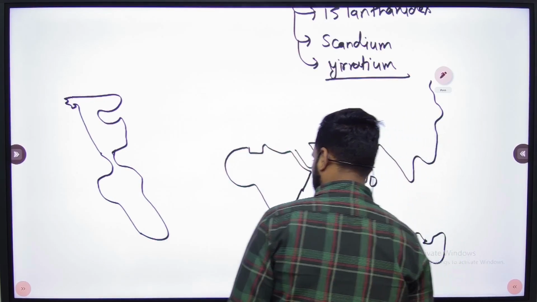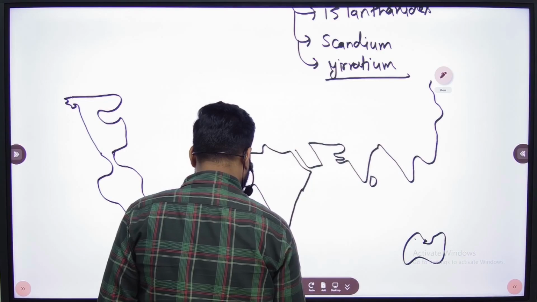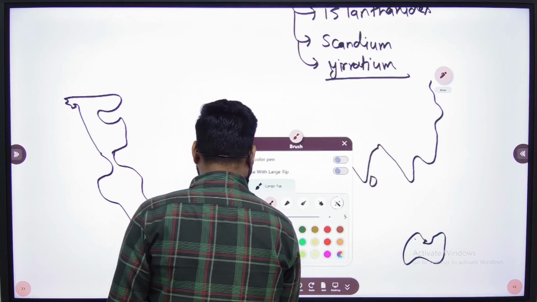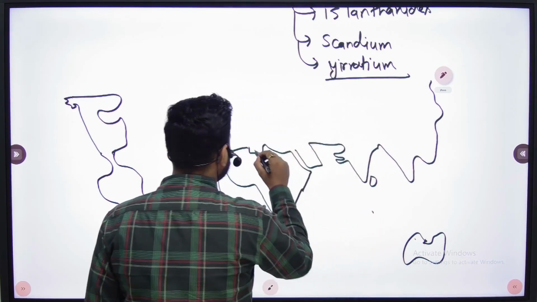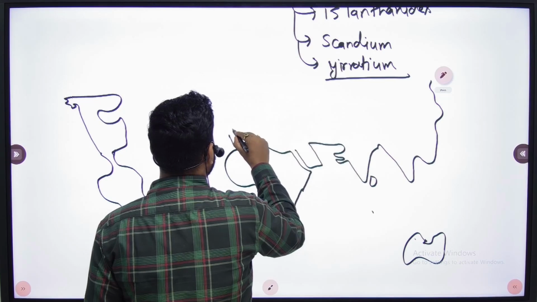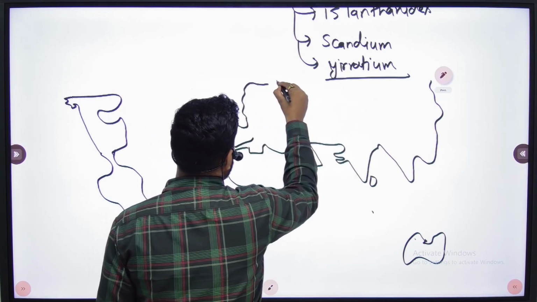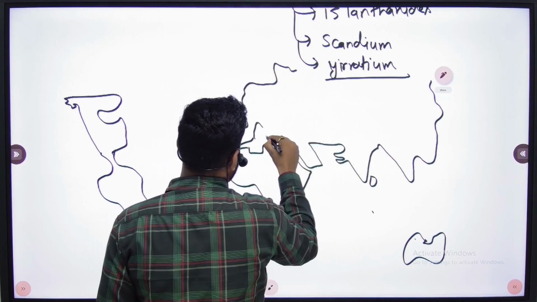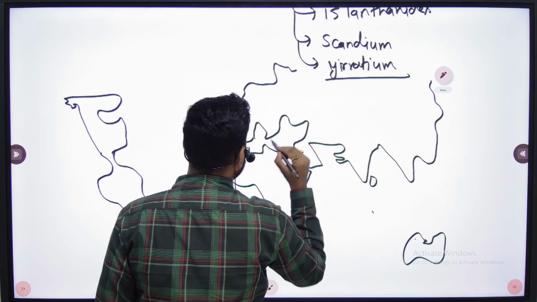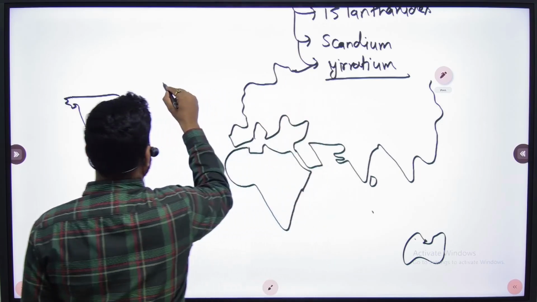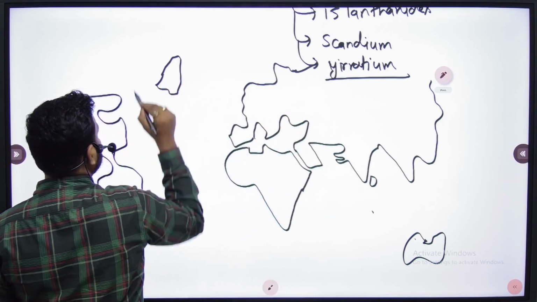This is Australia, and I want to show the rare earth mineral, and this is your Greenland.